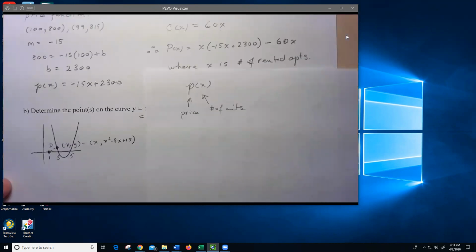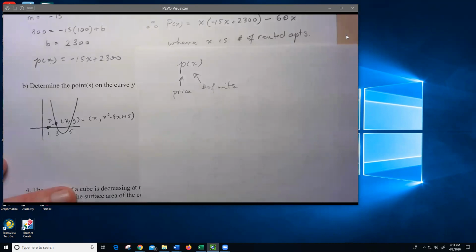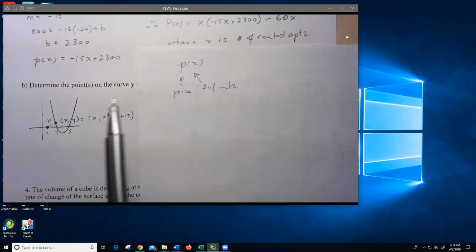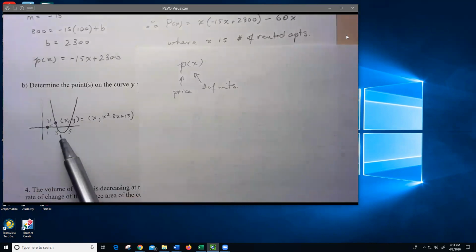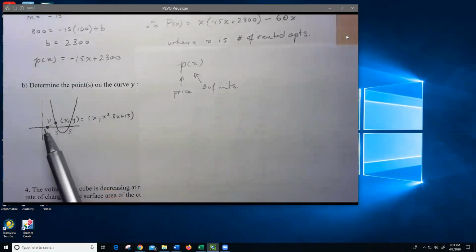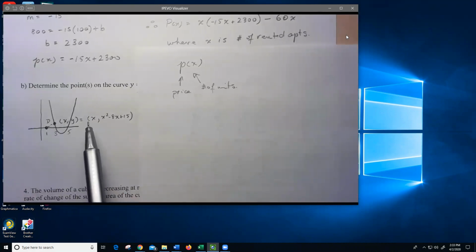Now again, we look at part B and we see another type of question that we've seen many, many times: you've got a parabola or some function, and you want to determine which point or points on this parabola is closest to a given point, in this case (1, 0). It looks like there's only one answer, but you'll let the algebra take care of that.